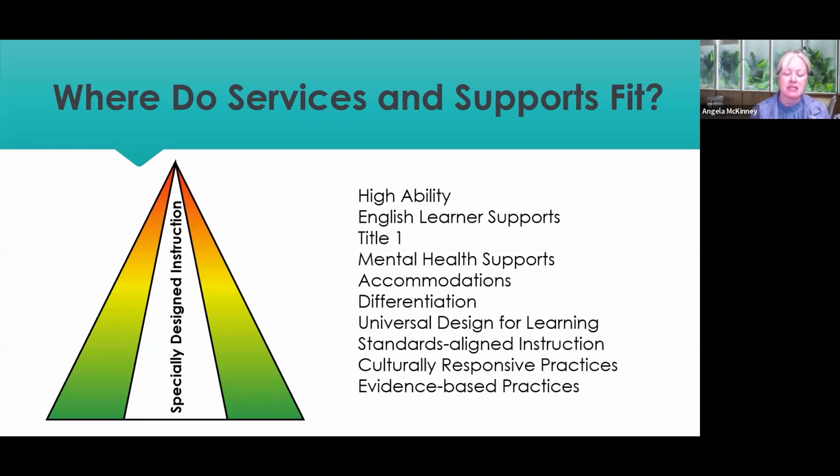Now, if I happen to need a tier 2 social skills group, right? And I'm in a group with 5 to 7 other kids, it may or may not have anything to do with my disability. It may just be a need that I have. But if I'm going into that group, I need pre-taught vocabulary and I need explicit direct instruction if it comes to anything related to behavior.